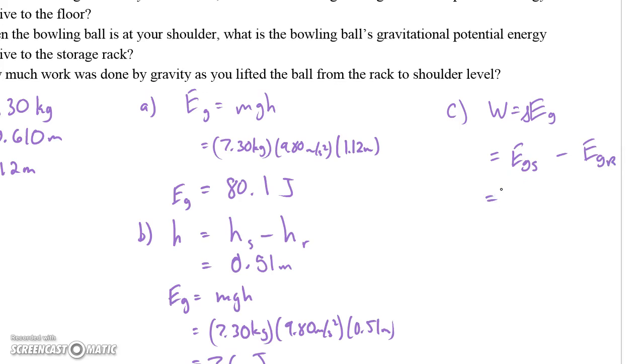Now I'm going to use the reference point to be the floor because both of our heights are given from the floor, but you could choose the reference point to be the shoulder or the rack, and you will get the same answer as long as you calculate the heights properly.